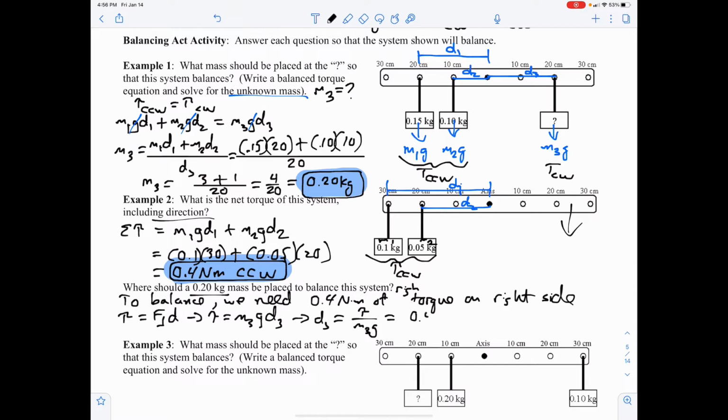The torque is 0.4 Newton meters over, we have the mass of 0.20 times 10, which would be 2 Newtons. You can see the Newtons part cancels, and you would put it at 0.2 meters. So if I put it at 20 centimeters, which is right there, it'll balance those two.